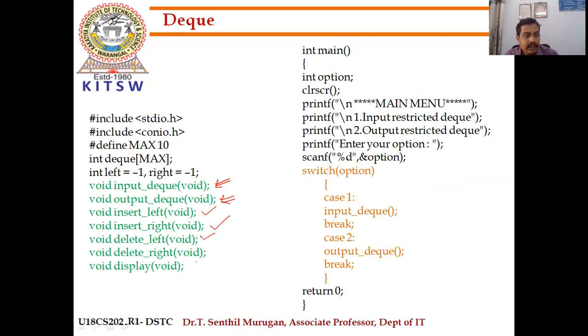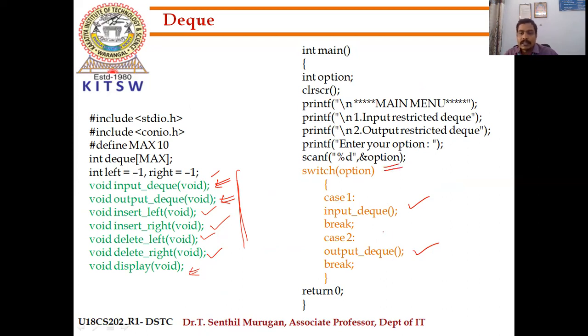Then delete an element on the left side, and delete an element on the right side. So six functions are used, apart from the display function. First we have to choose what we are going to do: use input Deque or output Deque. We take this choice using this option.